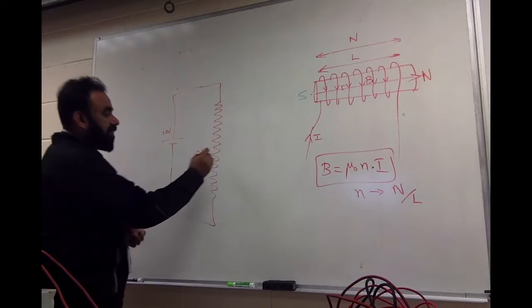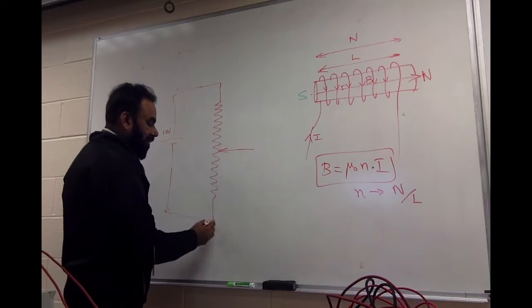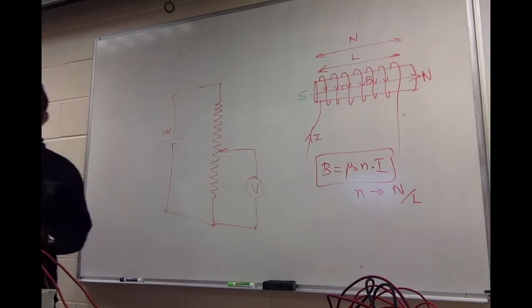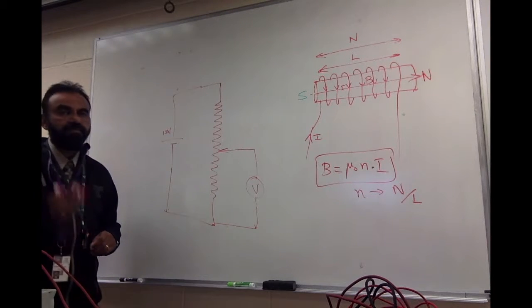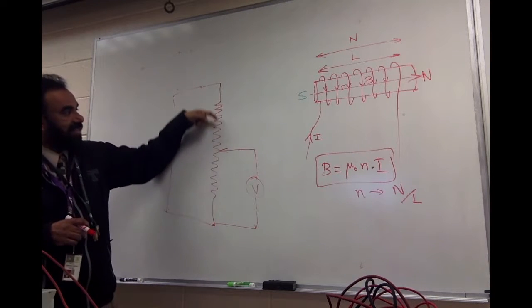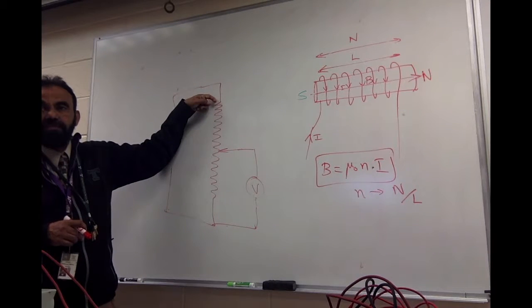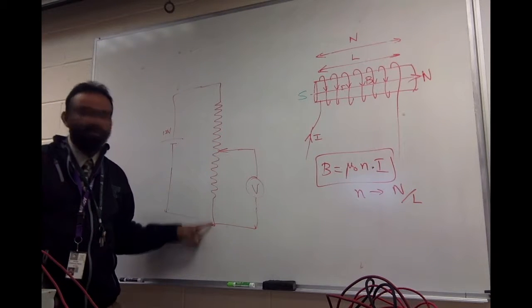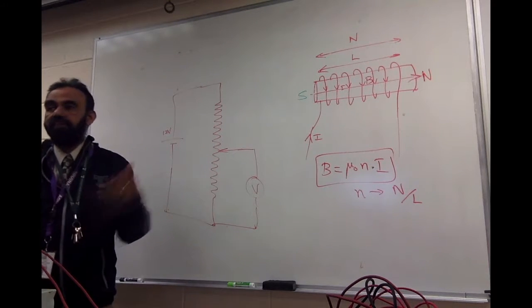So if I have a center tap like that, how many volts do you think will be here? Approximately 6 volts, right? If I drag it upward, it'll be 12. If I drag it all the way down, it'll be 0.